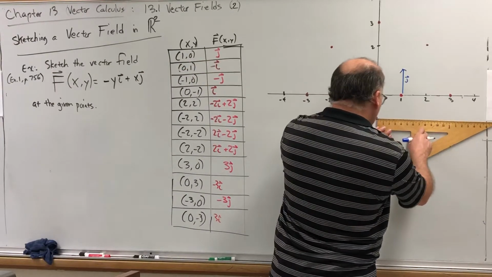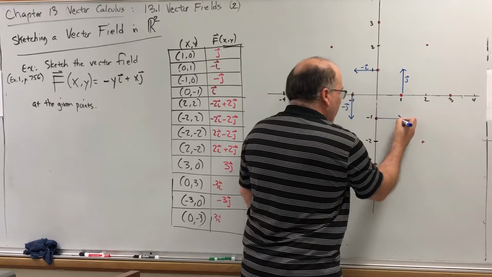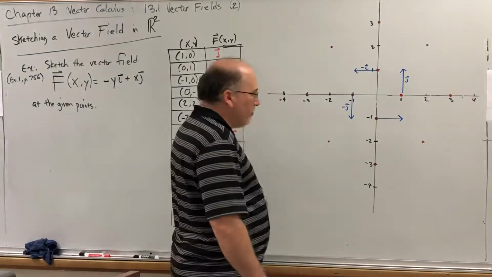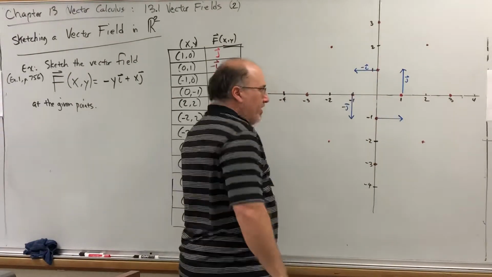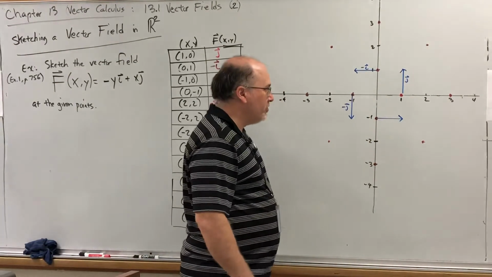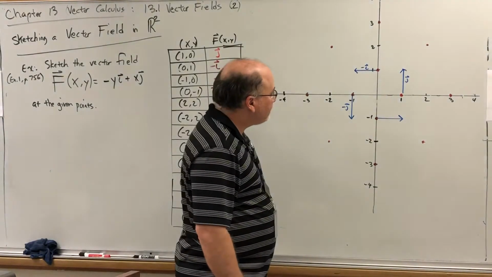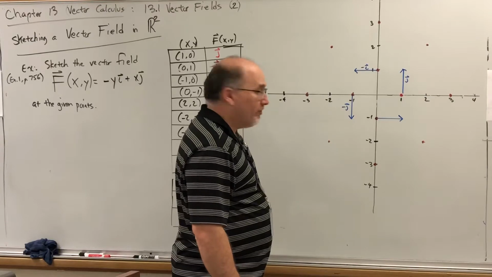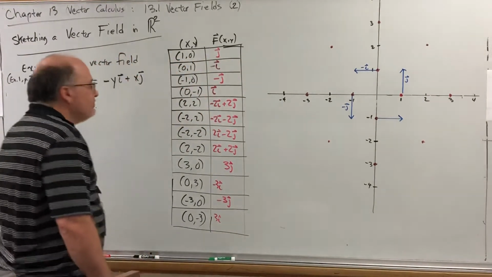So 1 unit to the right. And although I haven't confirmed this yet, I believe that if we picked any point on the unit circle, it would be a vector parallel to the unit circle, going counterclockwise, with a length of 1. We might actually verify that conjecture in a moment.